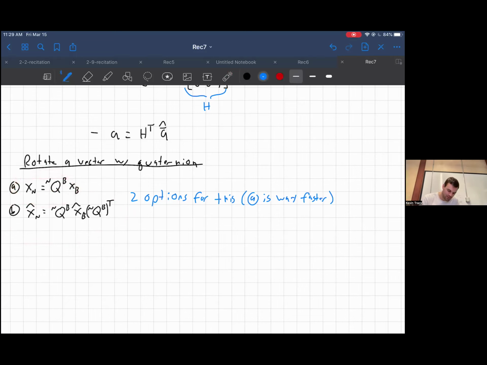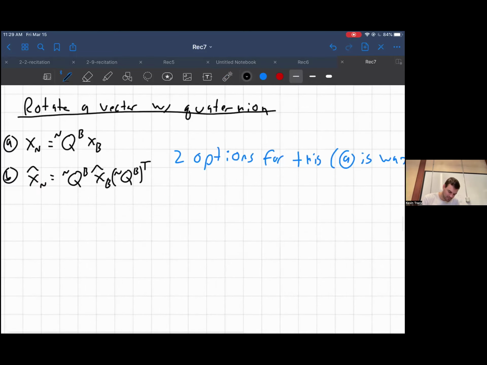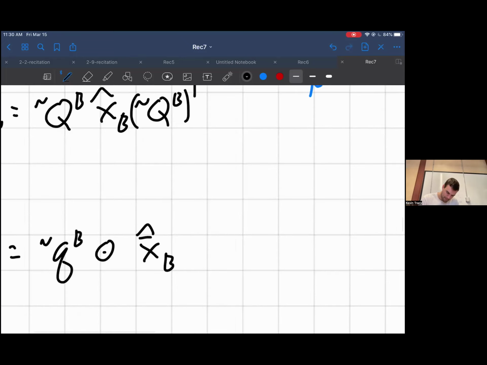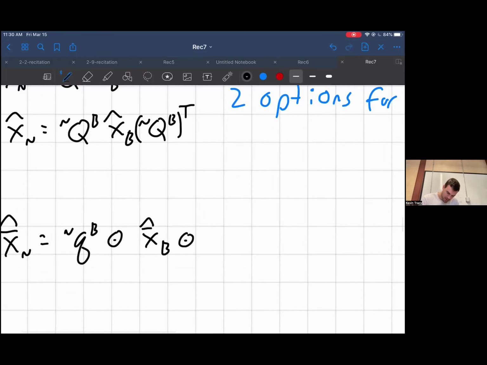So now let's go through everything we know about the way these things compare, and let's do everything in quaternion math here and see what it looks like. So this is xn, I'll use the quaternion hat thing, equals q nb times xb in this hat version, and then q nb.